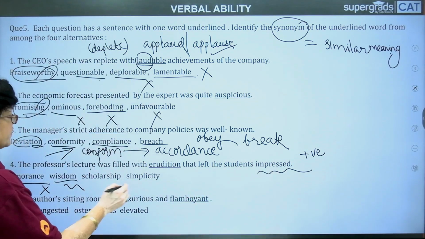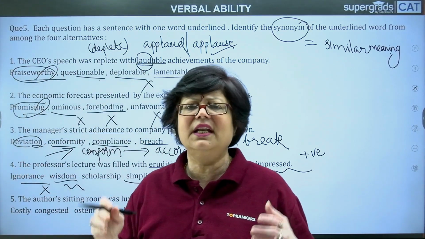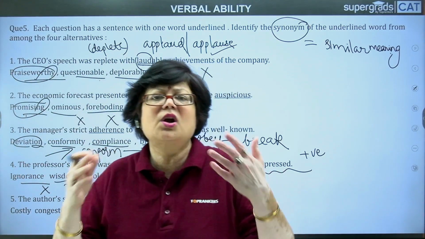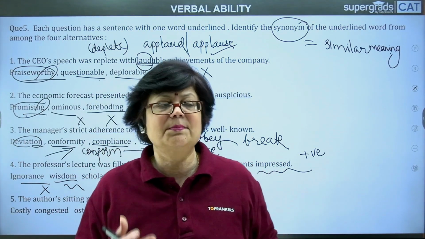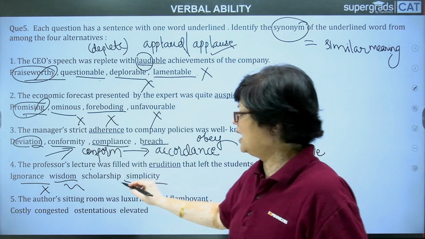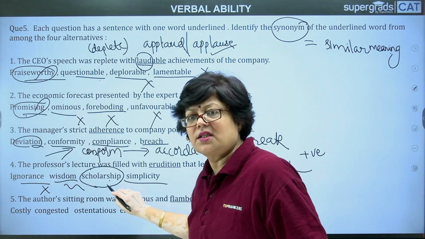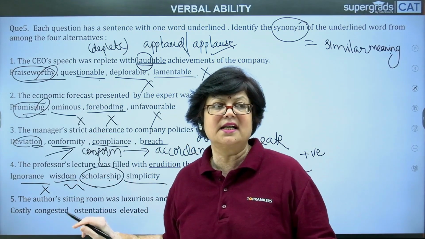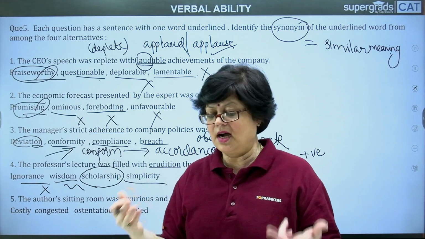Let us see this word also. Simplicity is a very narrow option which does not fit in here. If he is speaking in a manner which sounds simplistic, then the students will not be impressed. Scholarship. Better than wisdom is the option scholarship. Please don't understand it as some amount of money which we take as a benefit on account of our merit.